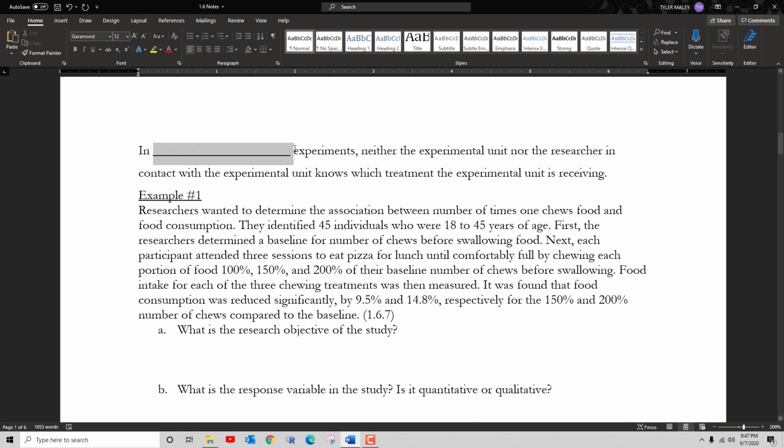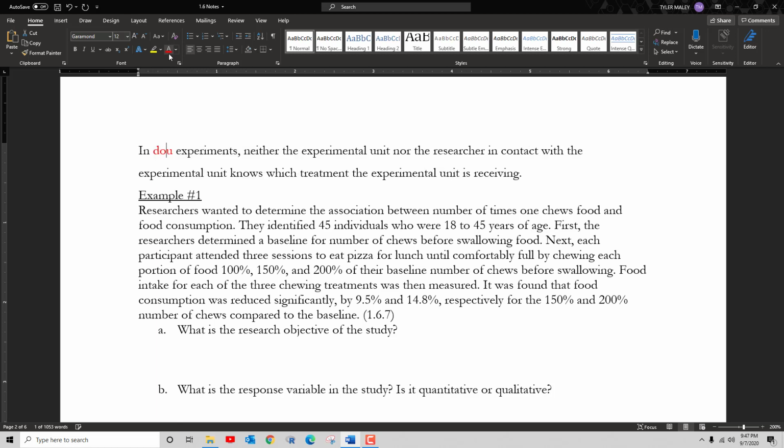So then the next thing to look at is double blind experiments. Neither the experimental unit nor the researcher in contact with the experimental unit knows which treatment the experimental unit is receiving, right?